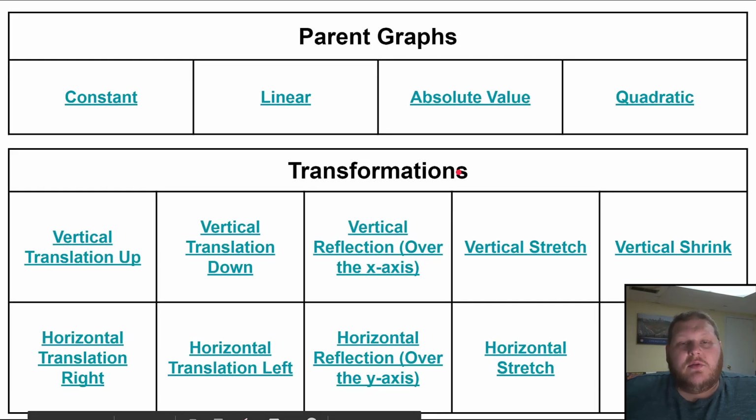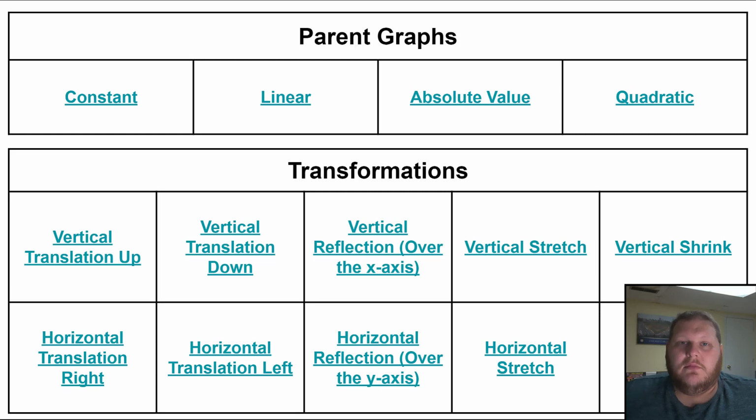So now getting into our transformations, I have this arranged very purposefully. If you look here, all of my top row are vertical changes, and all of my bottom row are horizontal changes. And that's going to be important, and we'll look at the pattern for where different operations happen.